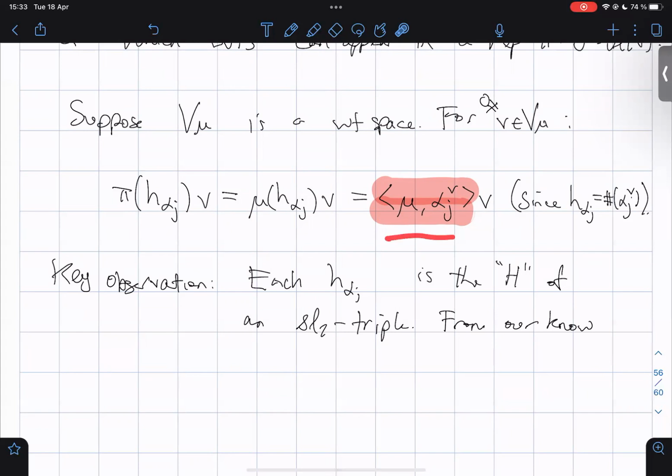This could even be a complex number. But because this is an H of an SL2 triple, it's highly restricted.